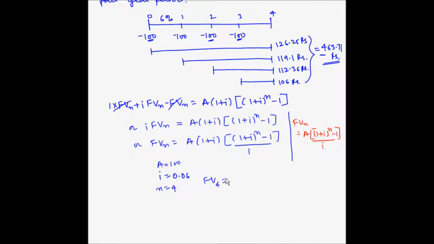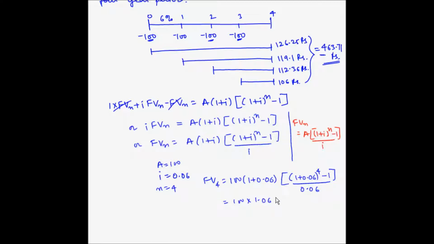So FV4 is equal to 100 into 1 plus 0.06 into bracket 1 plus 0.06 to the power n, which is 4 minus 1, divided by I, which is 0.06.